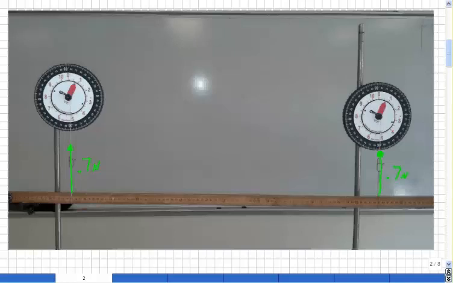Now, because of translational static equilibrium, we know that this thing is at rest. We know that the sum of the forces in the upward direction, which is a total of 1.4 newtons, has to be equal to the sum of the forces in the downward direction. Must be 1.4 newtons. So we know that that has to be the weight of the meter stick.